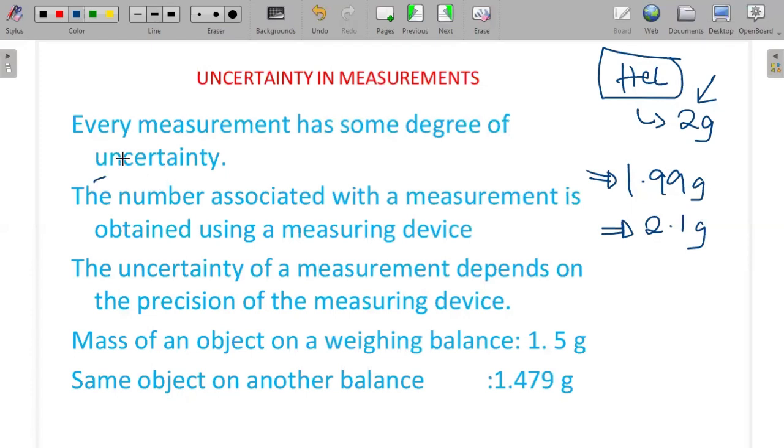So here they were saying the number associated with a measurement is obtained using a measuring device. So these uncertainties arise from these measuring devices that we have. If you get the beam balance, or the weighing balance, depending on how it was made when it was manufactured, it will have a certain degree of uncertainty.